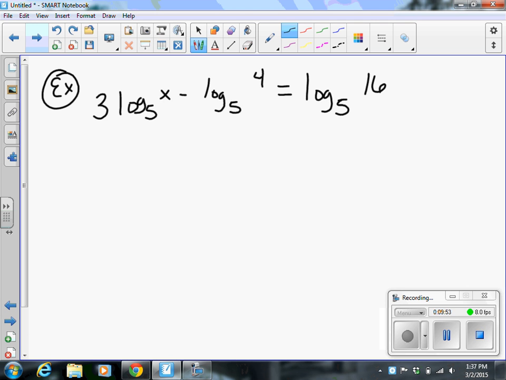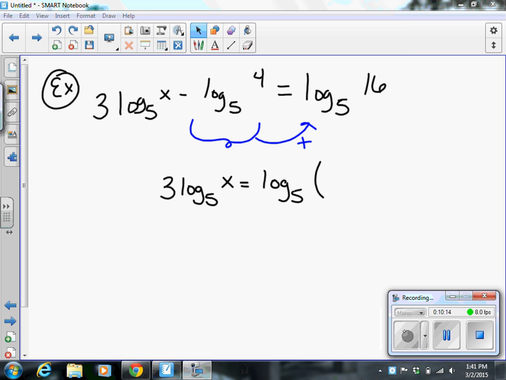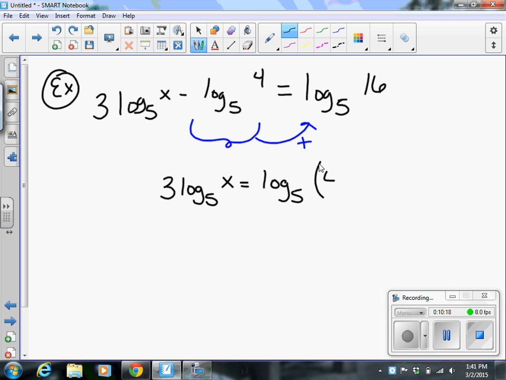Looking at this, I know I'm going to move this log 5 of 4. I'm going to add it over here. Well, I know when I add, I'm really multiplying. Like I was saying, I got to multiply the 4 and the 16.